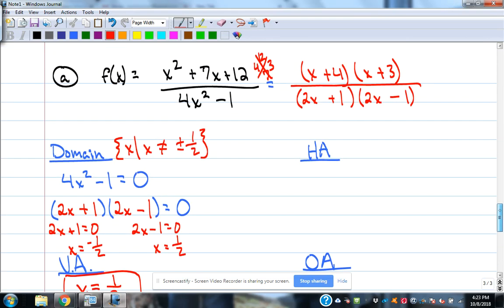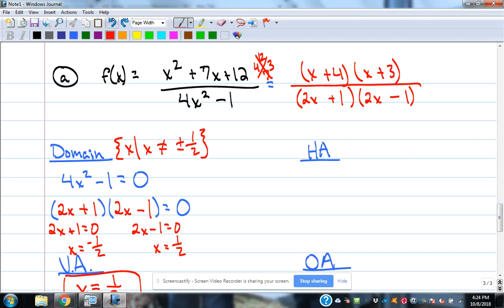Now, we've got to decide about horizontal or oblique, because it's one or the other. It's never both. Okay, so we look at the degree of the original problem. The top has a degree of what? 2, and the bottom has a degree of 2. So they're equal. Which type of asymptote occurs when they're equal? A horizontal asymptote. And what's the shortcut to doing that?